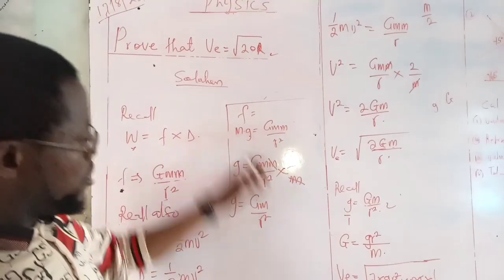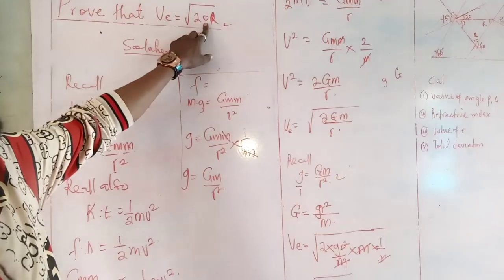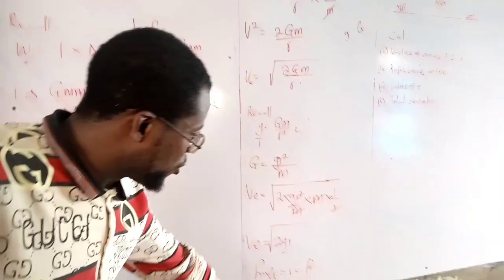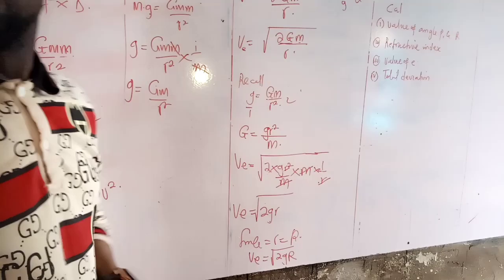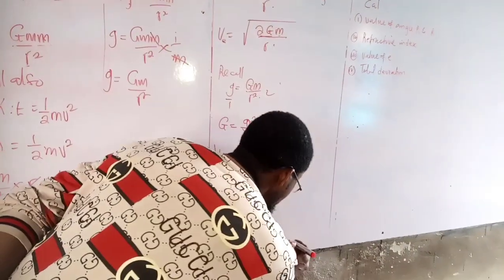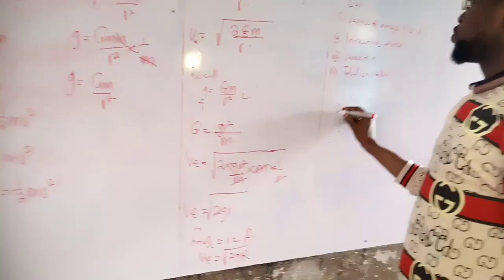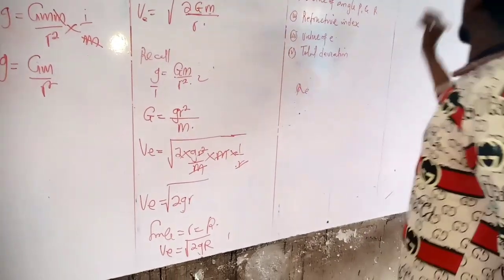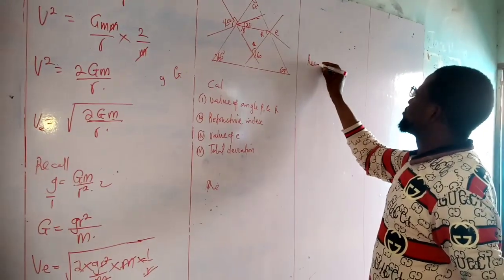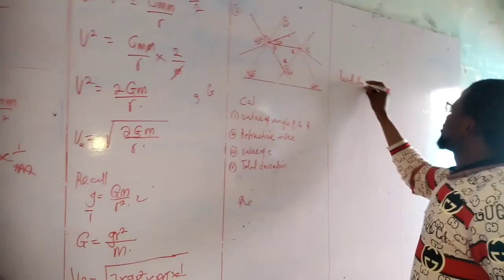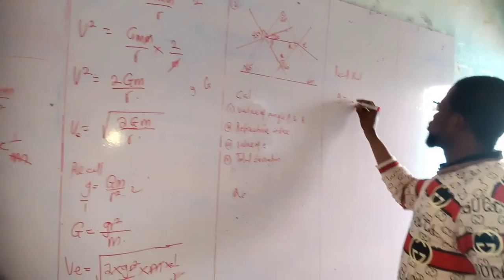Now, but here we don't have g. What we have here is 0. Now we are going to recall that g is the same thing as 10. So recall that g is the same thing as 10. Recall that g is equal to 10.